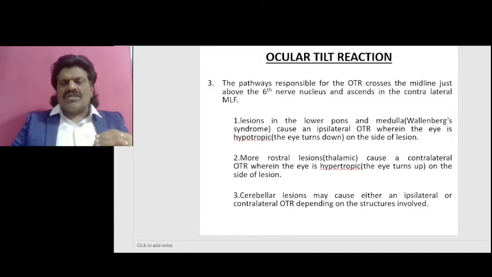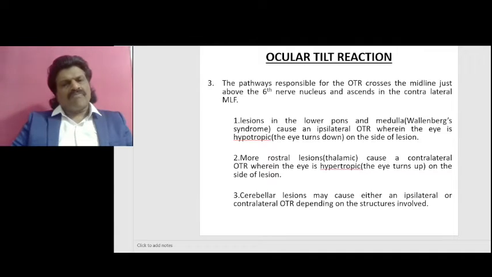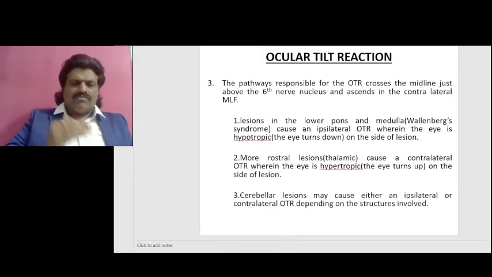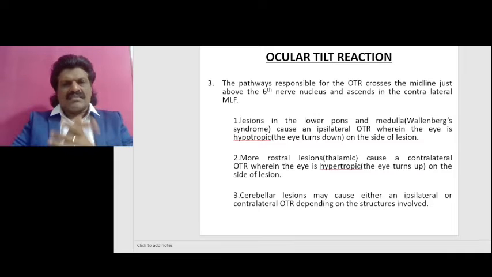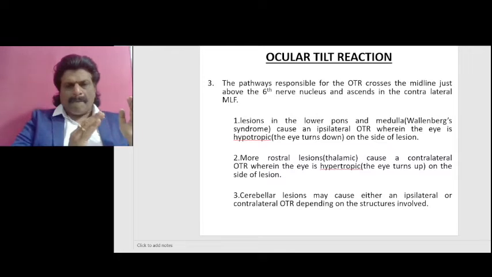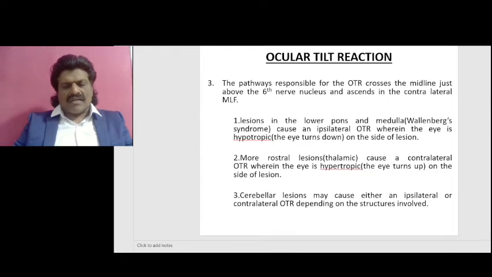The eye turns down on the side of the lesion, whereas more rostral lesions like thalamic cause a contralateral OTR wherein the eye is hypertropic. The eye turns up on the side of the lesion. Cerebellar lesion may cause either an ipsilateral or contralateral OTR depending on the structures involved. So the pathway responsible for the OTR crosses the midline just above the sixth nerve nucleus and ascends in the contralateral MLF.